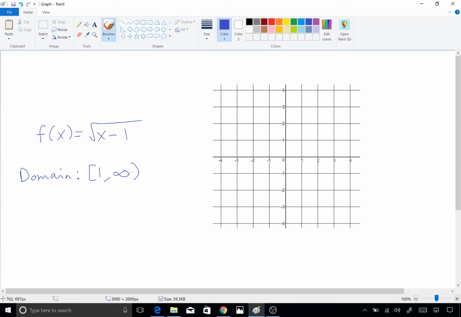When x is 1, f of x equals 0. When x is 2, f of x is the square root of 2 minus 1, which is 1. When x is 3, we'll have the square root of 2. When x is 4, it'll be the square root of 3, so it'll look kind of like that. And we can see from the graph that the range of this is 0 to infinity.